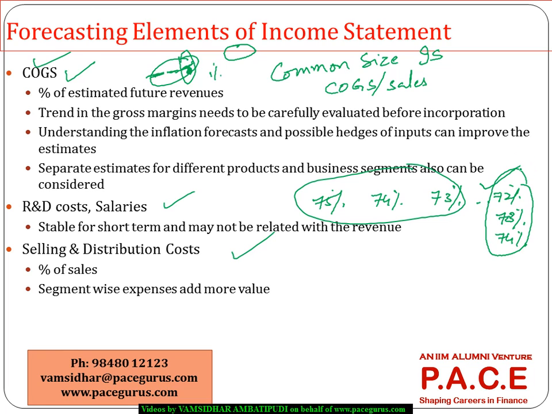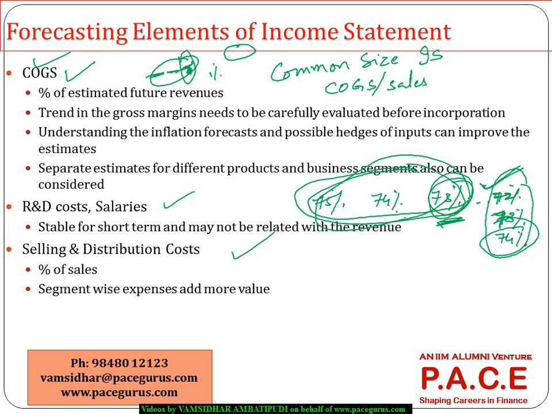If this trend is going to continue, probably the ratio is coming down because of economies of scale. If I expect that for one or two more periods this trend may continue, then there is no harm in assuming 72% for the next year. But if I say no, this may not be possible, the firm may have to continue at this level itself, then we are talking about 73. This is only one kind of scenario; otherwise, if I see that the average behavior persists for the next few years, then it may even force me to use 74.